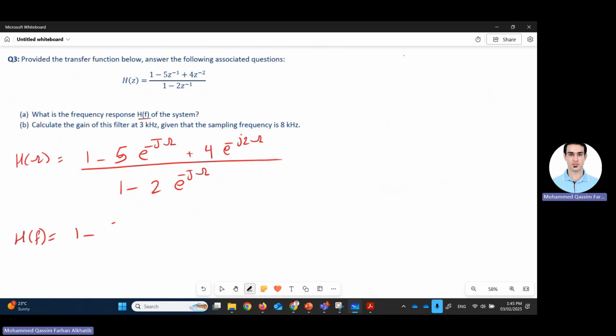1 minus 5 e to the power minus j 2 pi f over fs plus 4 e to the power minus j 4 pi f over fs. 4 pi because I have 2 pi here, and omega equals 2 pi f over fs, and the 2 here, that's a 4 pi here.